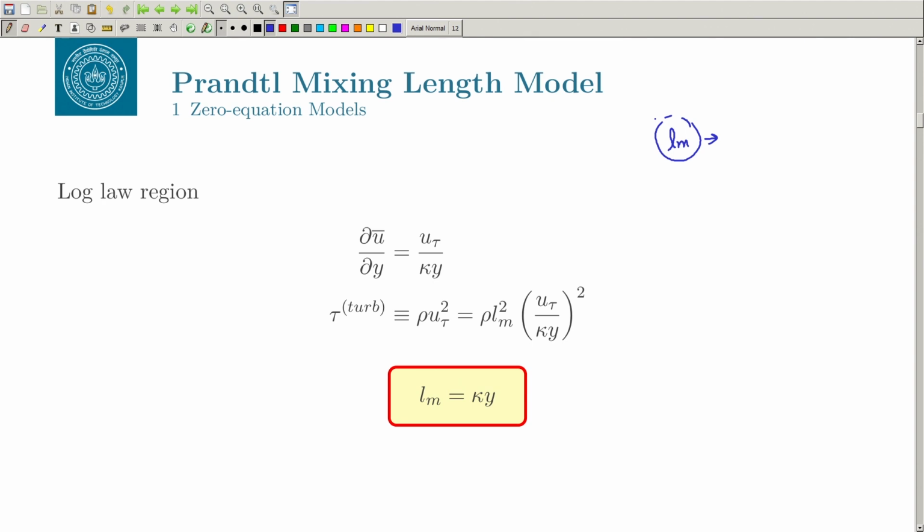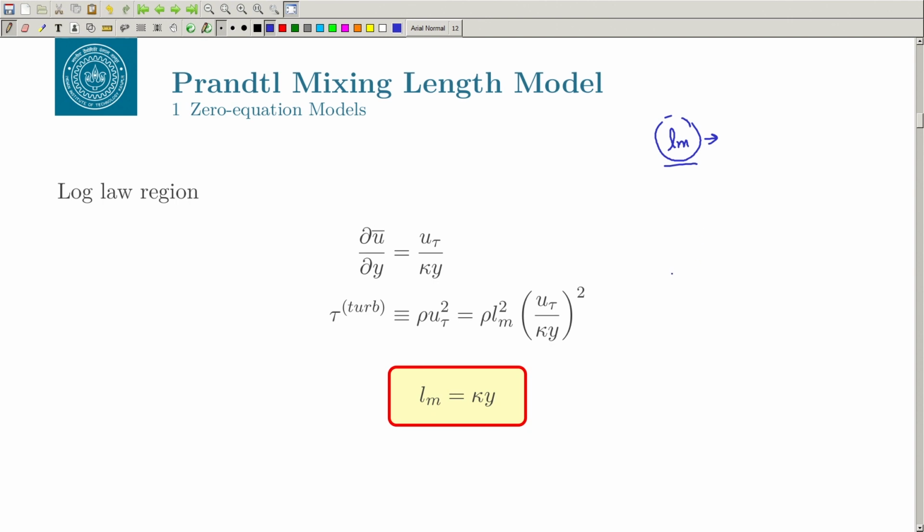He proposed it because there was no model at that time, and he said that it might not work for complex flows. Indeed it worked for very simple flows and did not work for complex flows, but it gave many ideas that led to the development of more complex models. So how do you prescribe the mixing length?